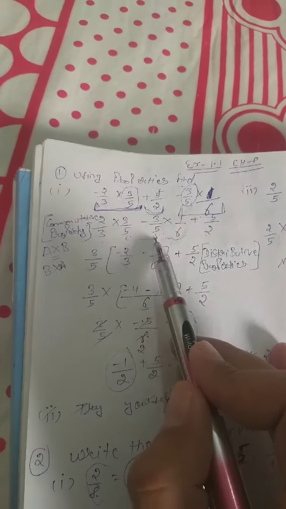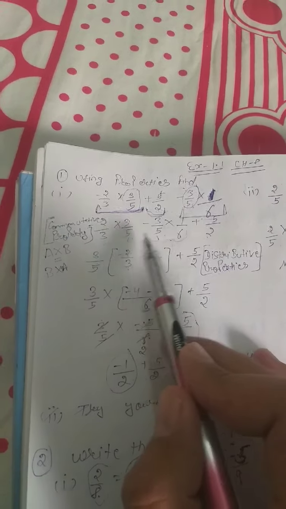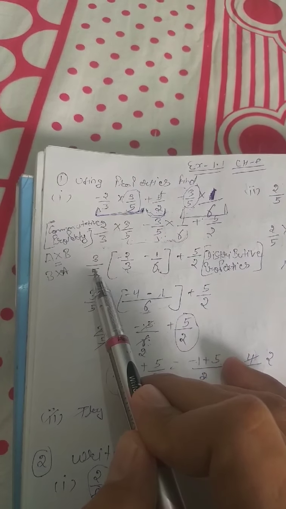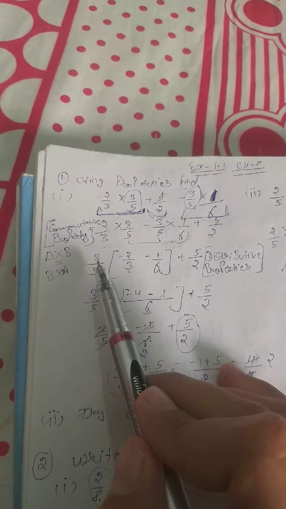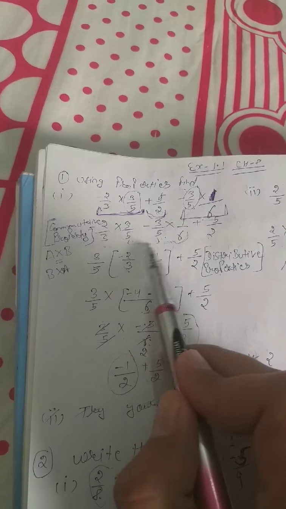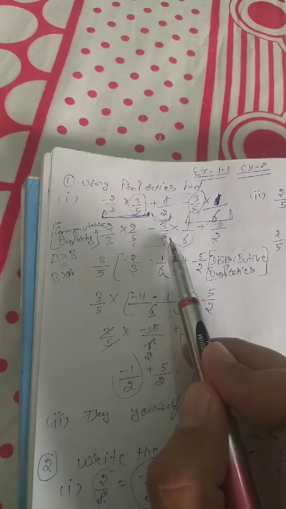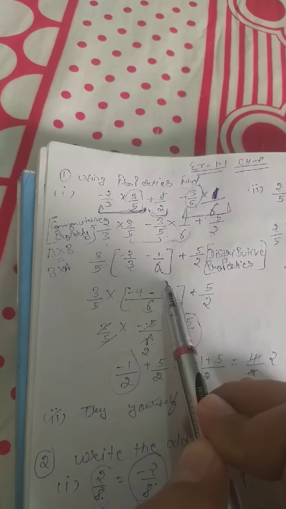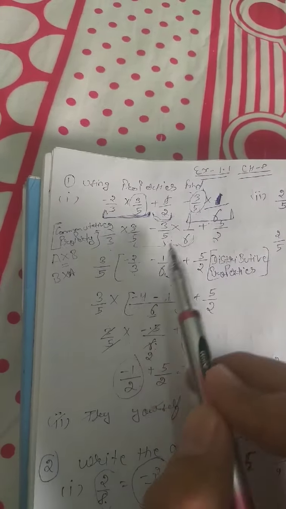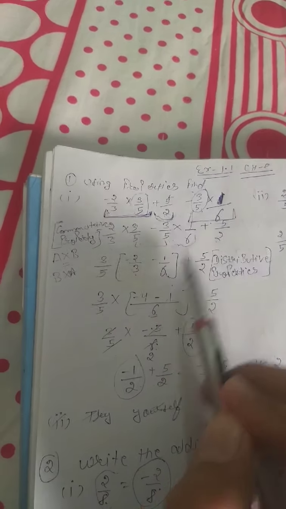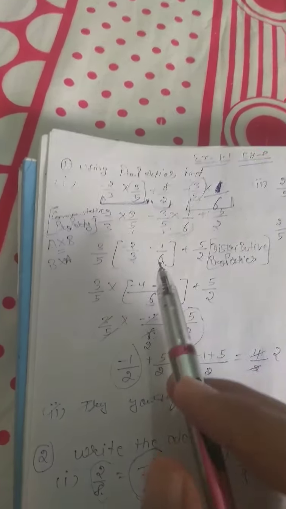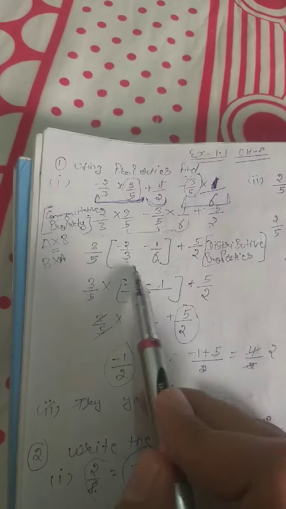Now we take this common number, 3 by 5, out and put the remaining numbers in a bracket: minus 2 by 3 and minus 1 by 6 plus 1 by 2.